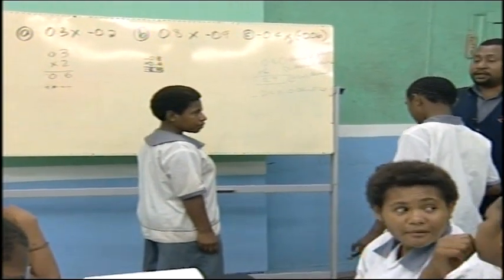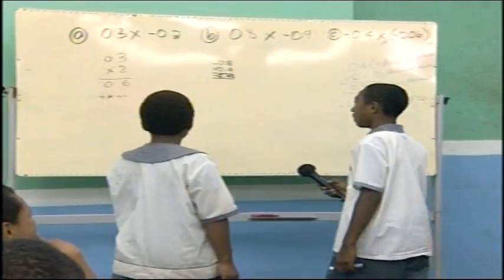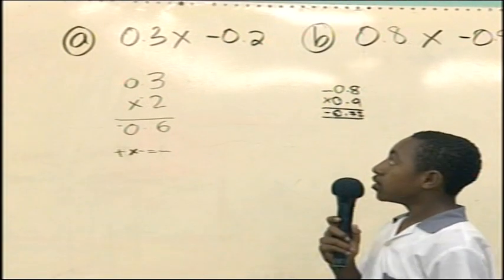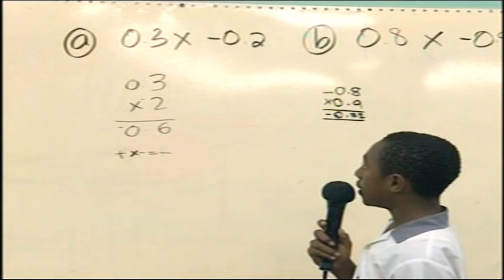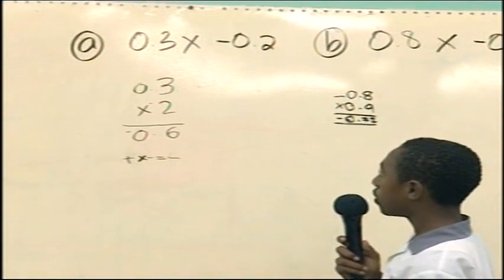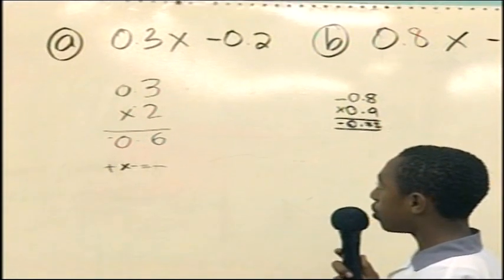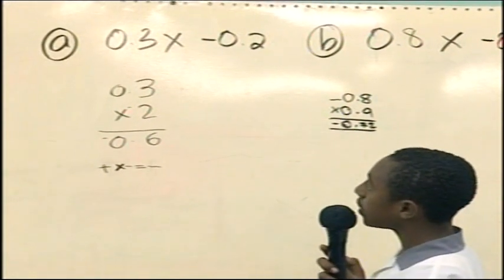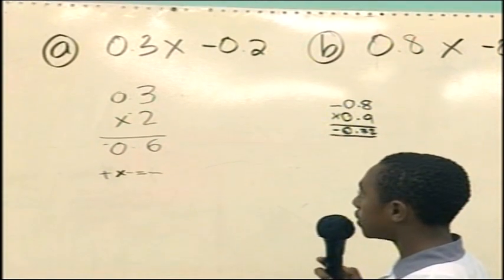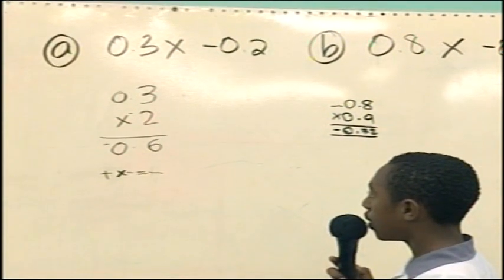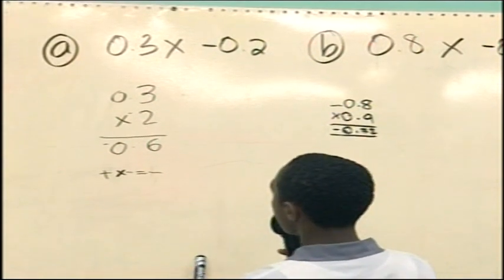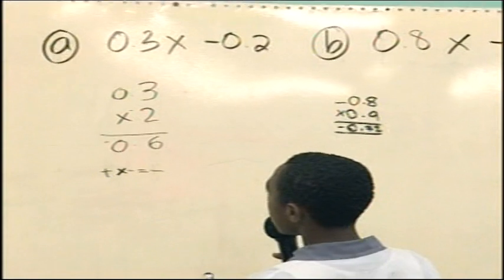Okay, the others listen. Negative 0.3 times negative 0.2. 0.3 times negative 2. 2 times negative 2 times 3 equals 6.